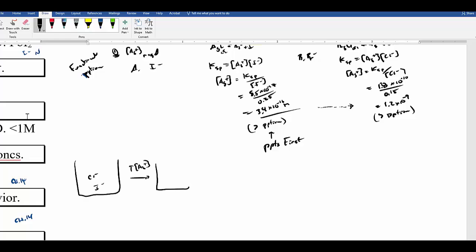When we hit the silver ion concentration of 3.4 times 10 to the minus 16 molar silver, then silver iodide is ready to precipitate. However, silver chloride is not.